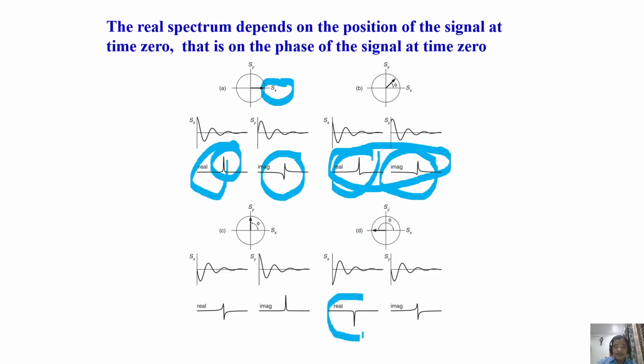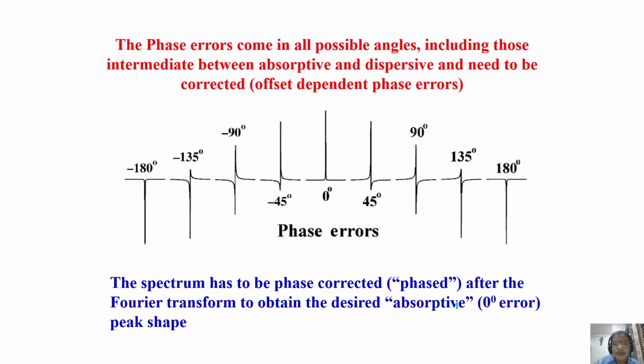If it is along minus x-axis, the real and imaginary components get interchanged. When your detector is along the x-axis and the signal is along minus x-axis, you will get a real absorptive peak which is negative maximum. So this is how you should know about the phases of the signal depending upon the pulses. Let us say there is no error, but generally there will be error.